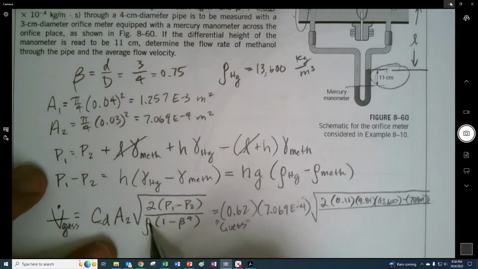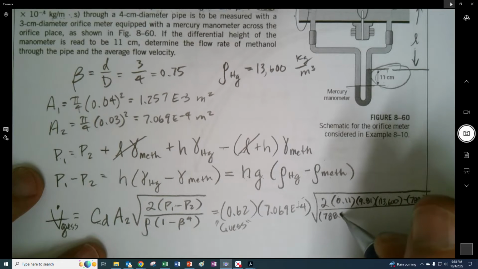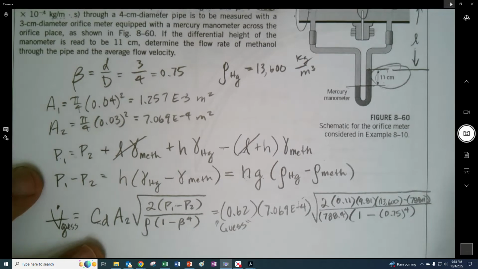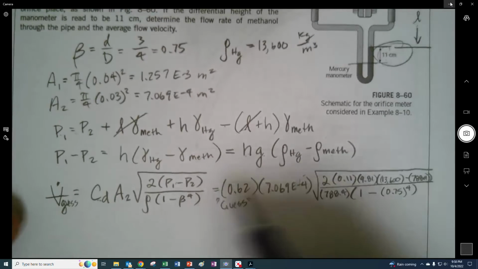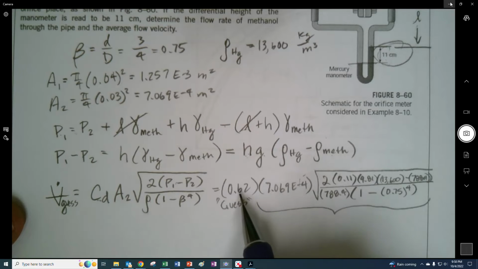Now we're dividing by the density right here. So we get 788.4. And then 1 minus our beta is 0.75 to the fourth right there. Now, save yourself some time because none of this stuff right here is going to change. Only that's going to change.